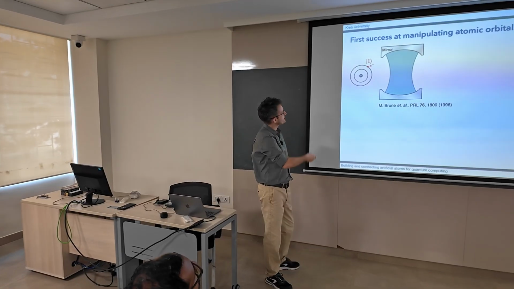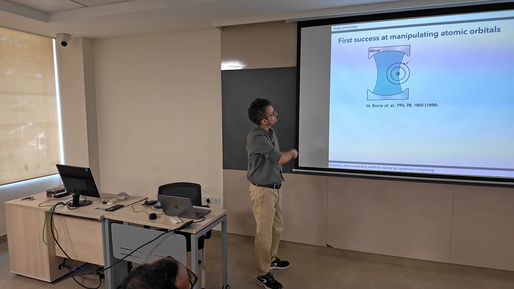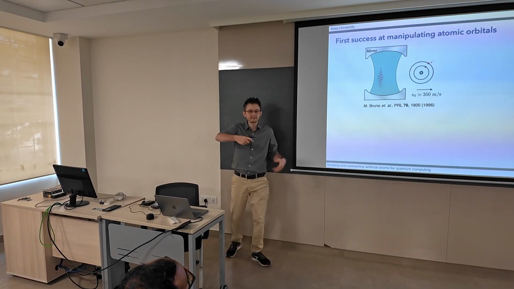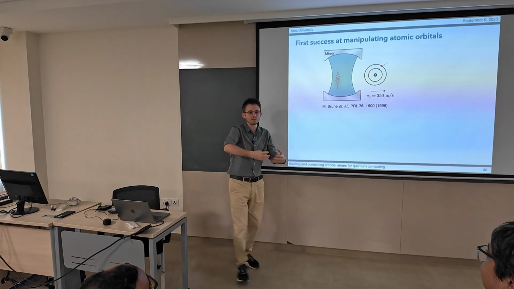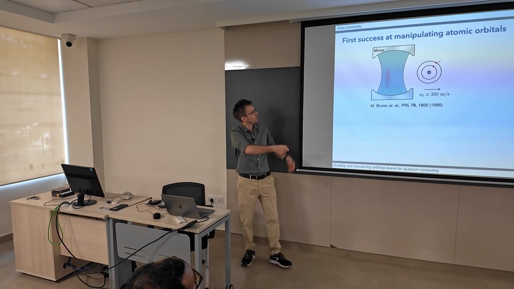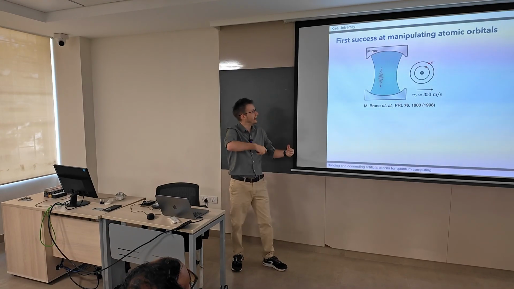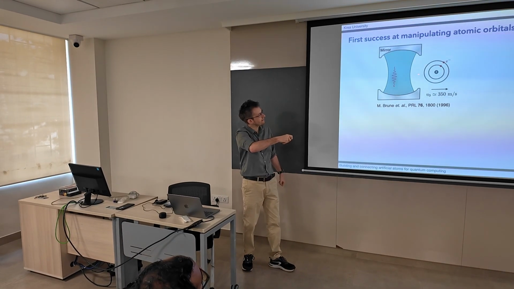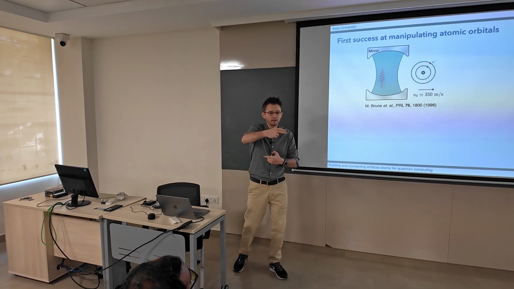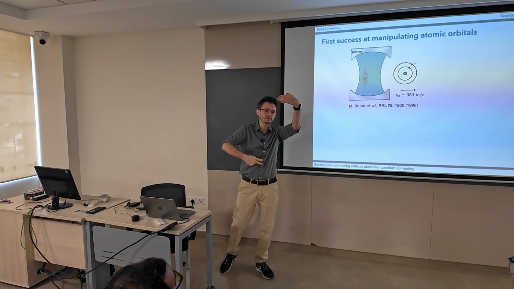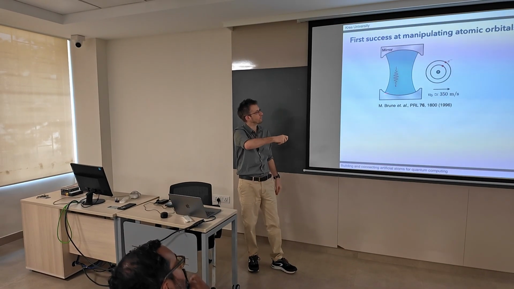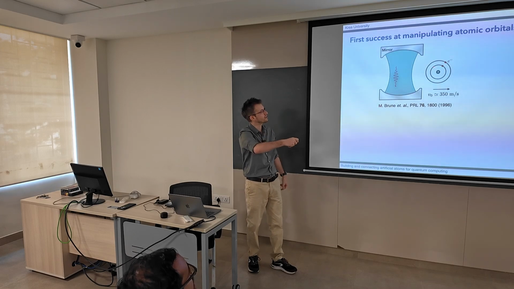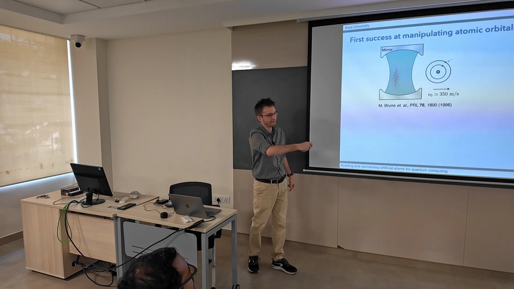Then I send that atom through the cavity. What's going to happen in the cavity is the atom is going to decay to its ground state while emitting one photon, and depending on how much time it spends in that cavity, it can reabsorb that photon, go back to the excited state, and redecay. This process can happen multiple times, depending on how much time the atom spends in the cavity.